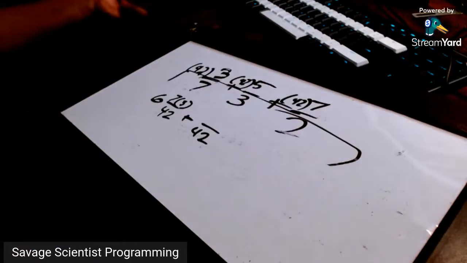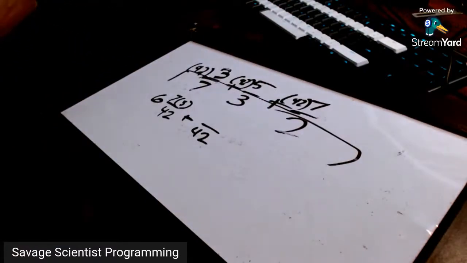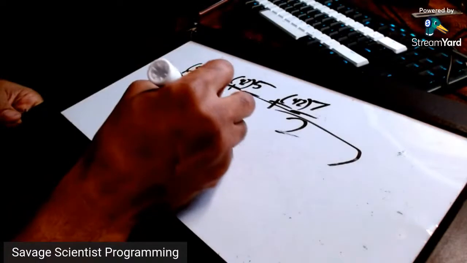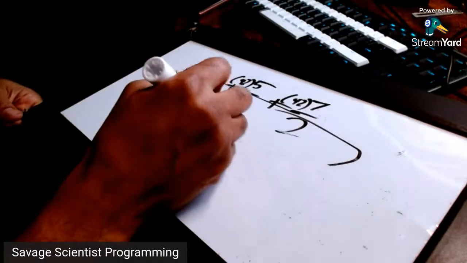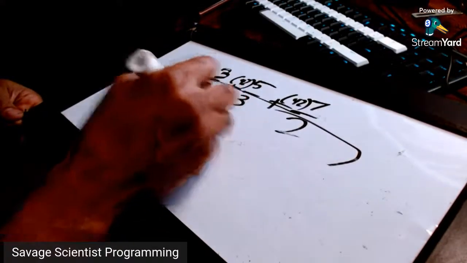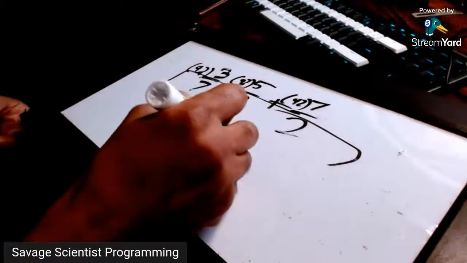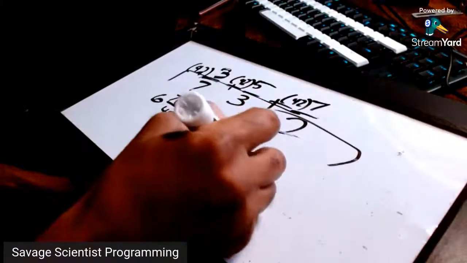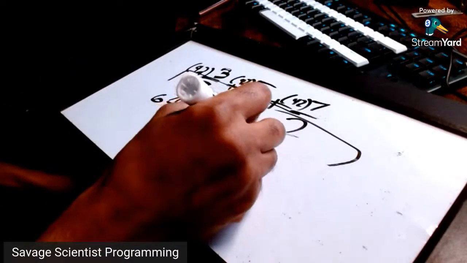Let me make sure. 42 divided by 3 is 14, right? Yep, 14 times. So we're gonna have our 5 here and 14 multiplied by 5. And this last one is gonna be 42 on the bottom, and we can have 21.